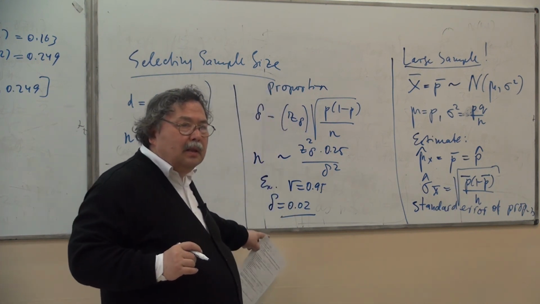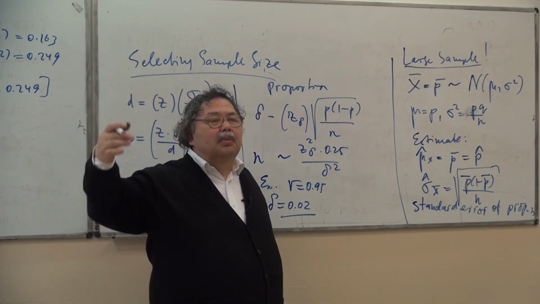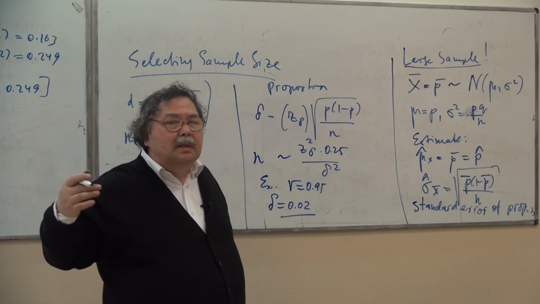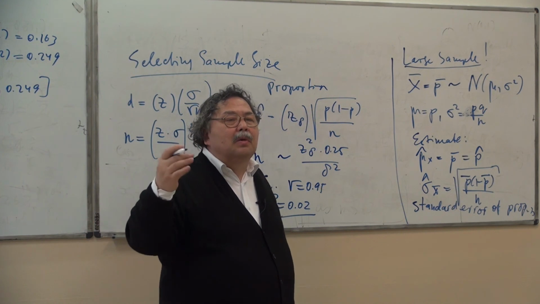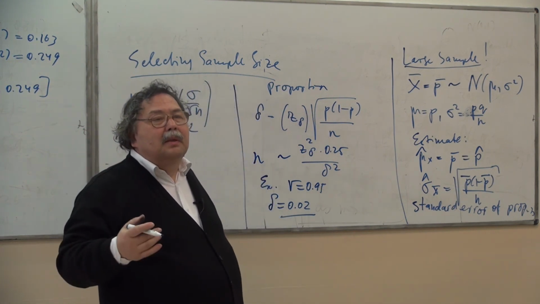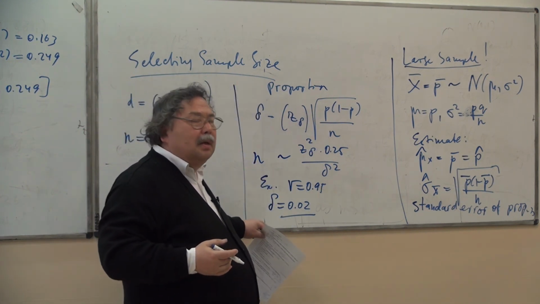Do you understand this? So you'd like to estimate the proportion of those who eat cereals to within this margin of error. In popular literature, it's always called the margin of error.